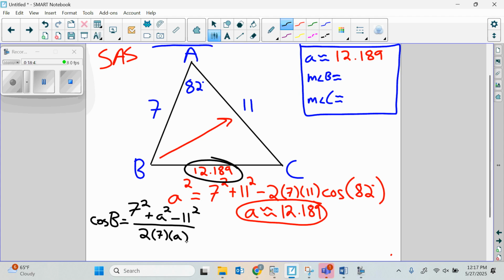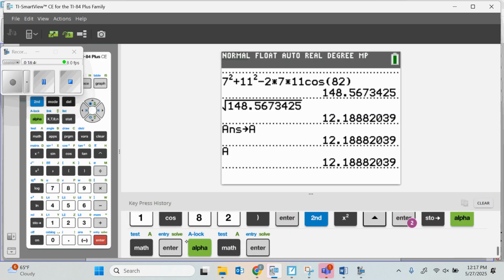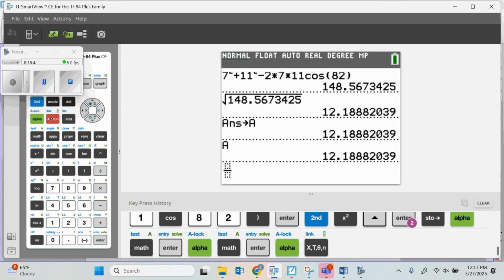So watch how I can do this on my calculator now. I'm going to do my fraction.